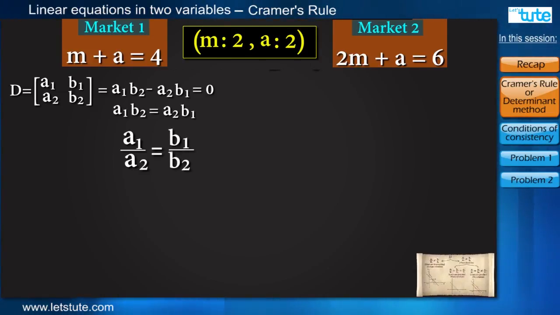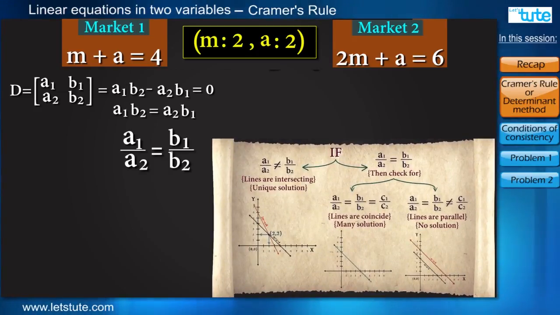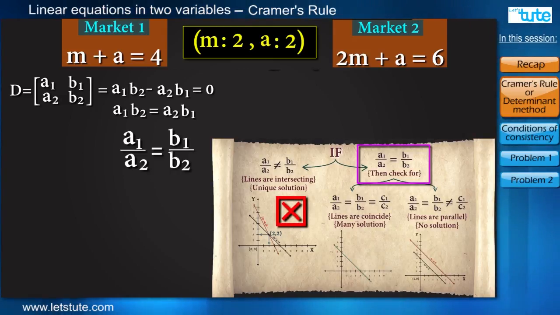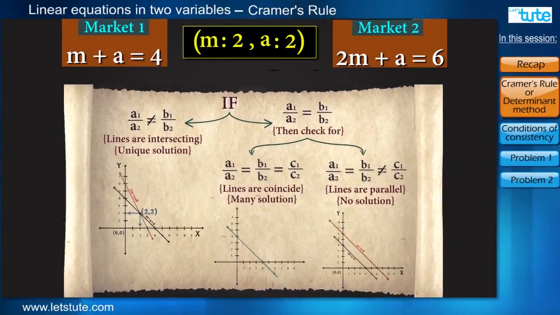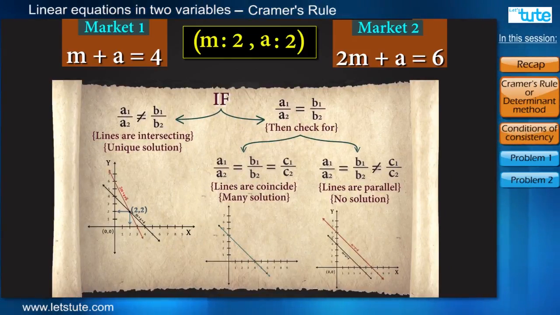That means from here he came to know that when the ratios of coefficients are equal, then we will not get a unique solution. Not getting a unique solution means lines are not intersecting, and in that case either lines are parallel or overlapping, right? Then he observed different equations and graphs of lines and came to some general conclusion as in the following chart. This chart can also be explained in terms of determinants.